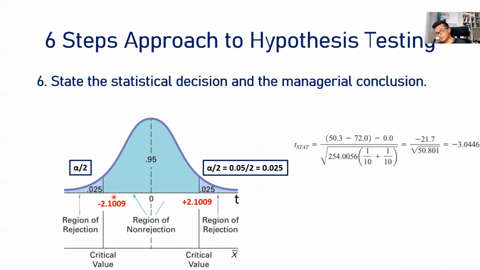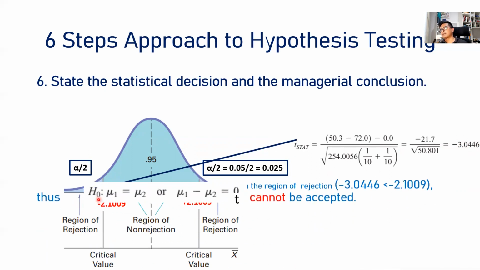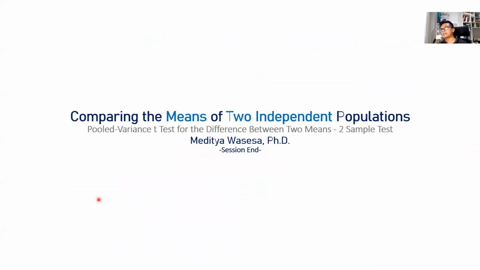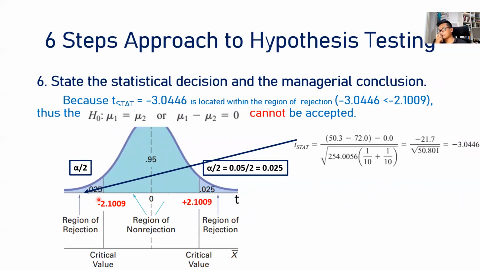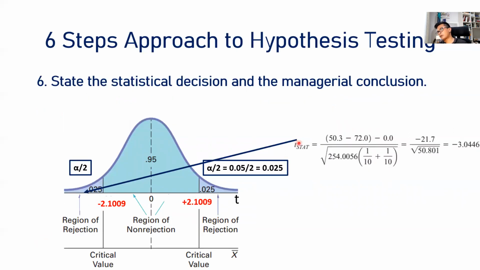And if we look here, minus 3.04 is located at the left side of the left critical value. Or the t stat lies in the region of rejection.